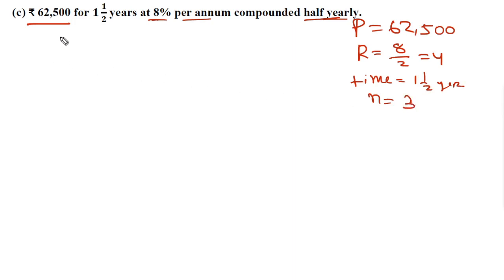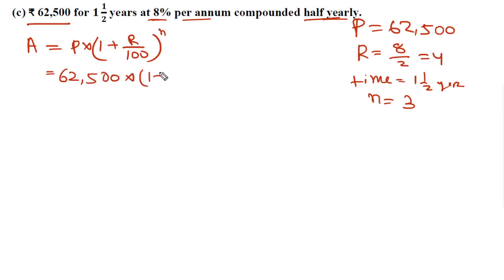So now we'll start. First we'll find A. You know the formula: A equals P into 1 plus R by 100 to the power n. So it will be equal to P, which is 62500, into 1 plus R, which is 4 by 100, to the power n, which is 3.